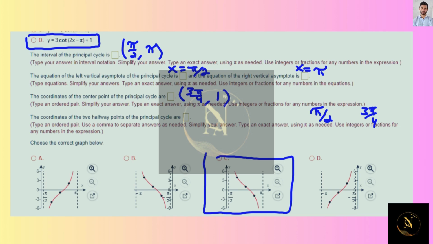So think of this as 4 pi over 8 and 6 pi over 8. Then halfway between would be 5 pi over 8. And a y coordinate would be going up 3 because of the vertical stretch of 3 from the middle. So from 1 and adding 3, that would go up to 4.